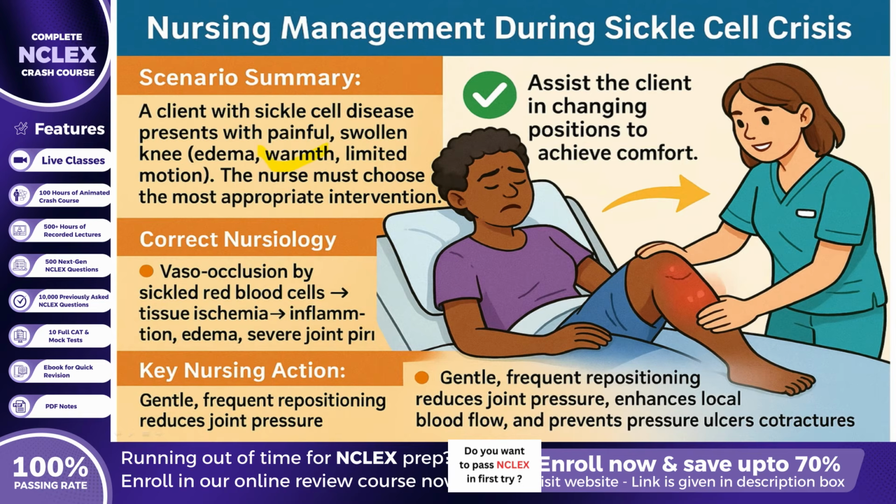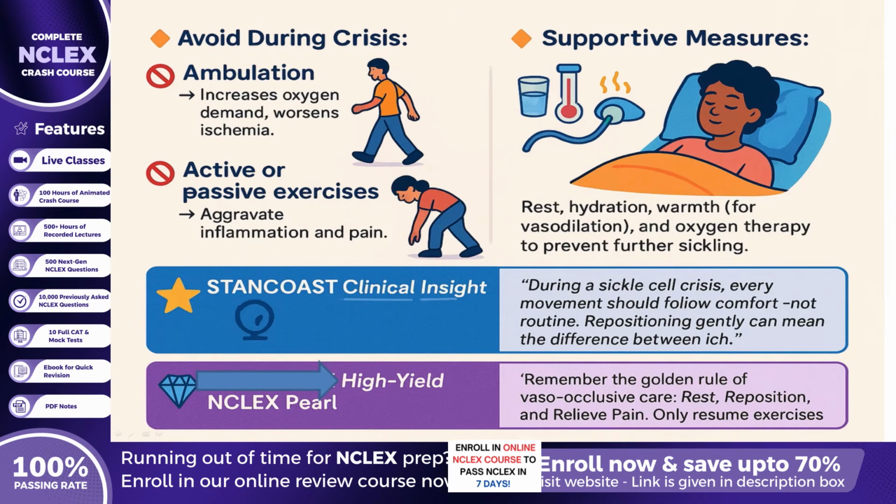On the other hand, ambulation and active exercises, including quadriceps setting, are contraindicated during the acute phase of a vaso-occlusive crisis because they increase metabolic oxygen demand and worsen ischemia. Similarly, passive range of motion exercises may aggravate inflammation and intensify the pain in an already swollen joint. Once the acute episode subsides, gentle mobilization can be reintroduced gradually under supervision.